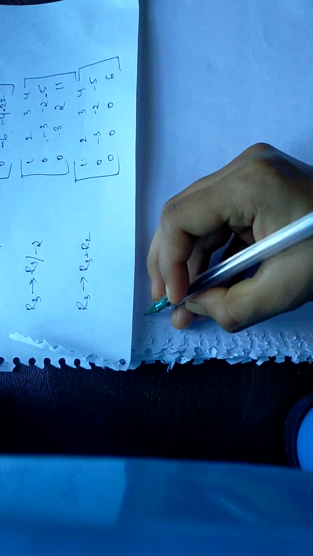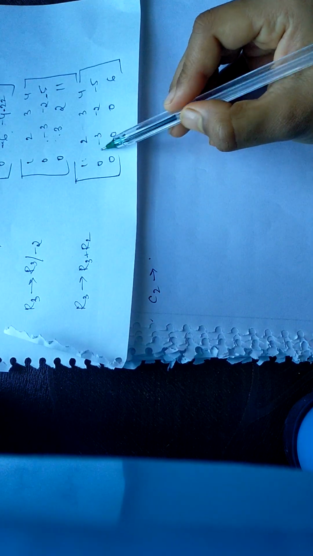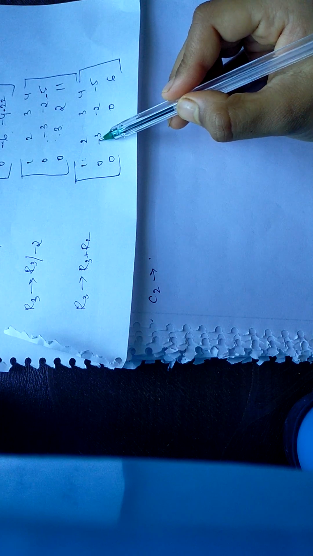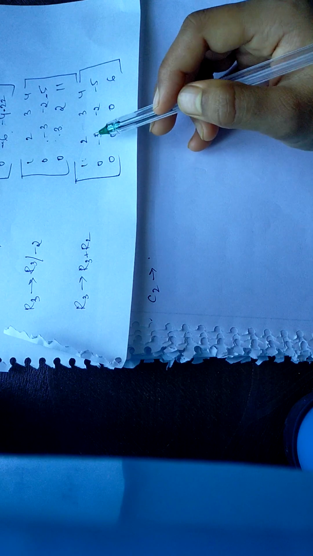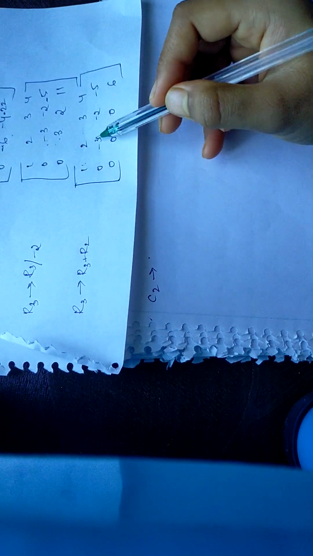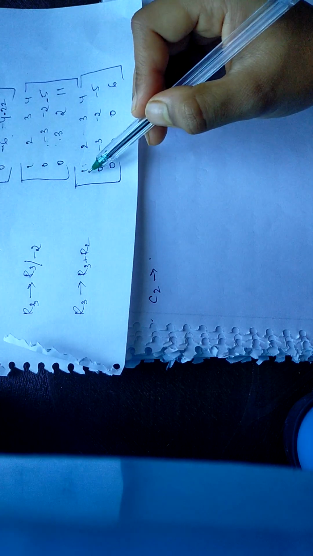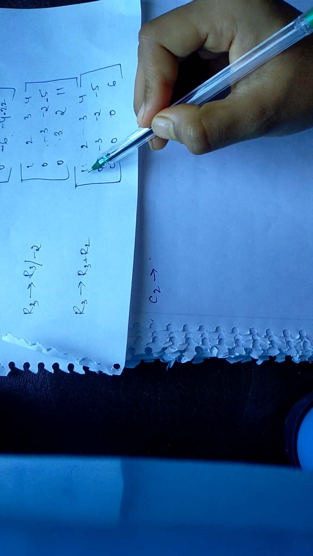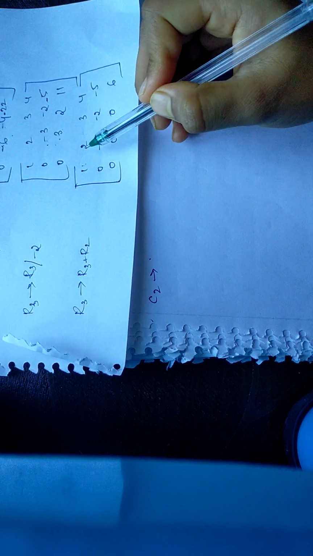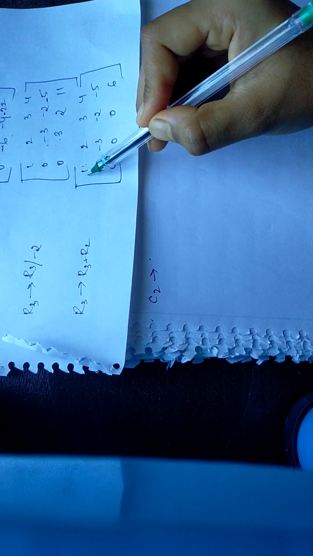Now for column 2, if you observe carefully, we can make this complete number, whatever the 2 we have, by multiplying with column 1. That means C2 should be updated with C2 minus 2 times C1. You multiply this column by 2, you'll get 2, right?